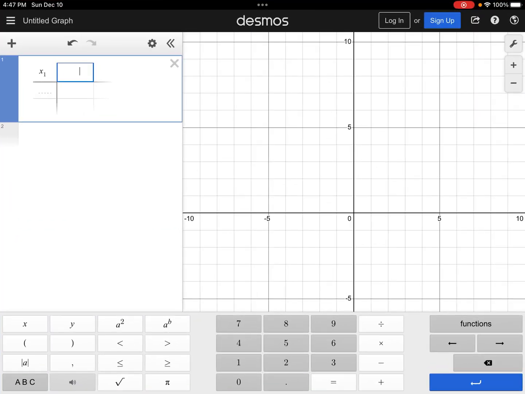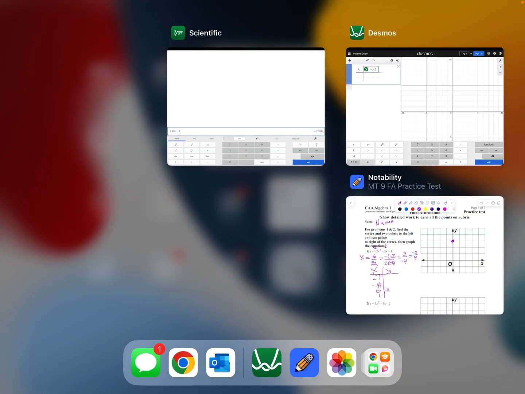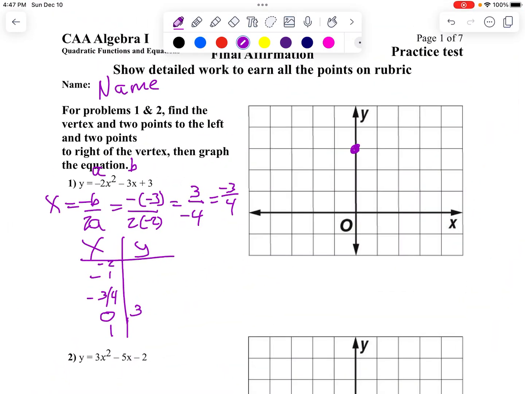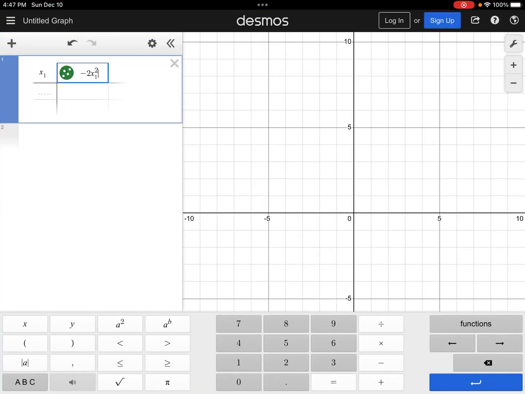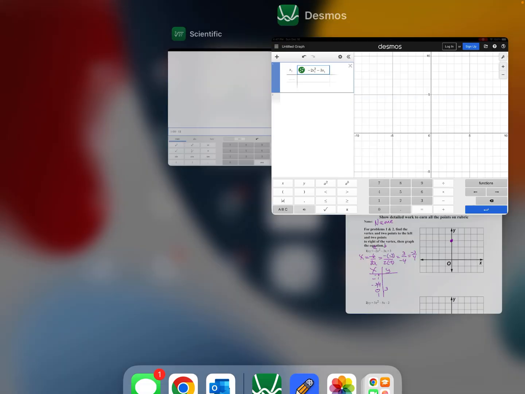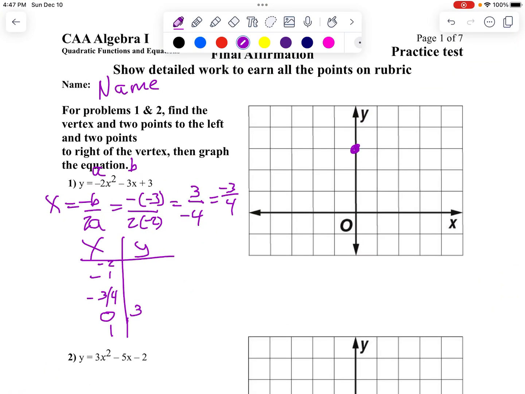And notice we have this x1, so we're going to go negative 2 x1 squared, and then minus 3 x1. Whoop, I put in 2 ones there. And then, what did we say? Plus 3.